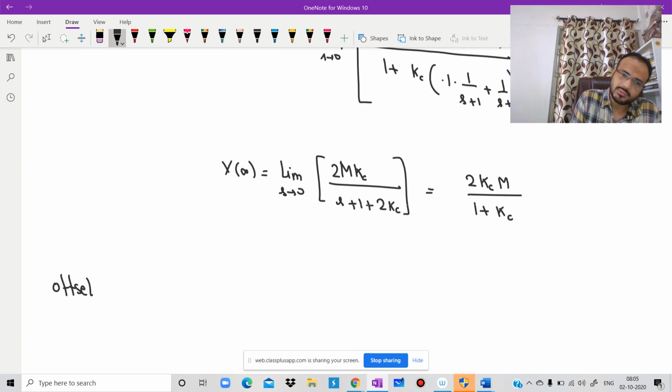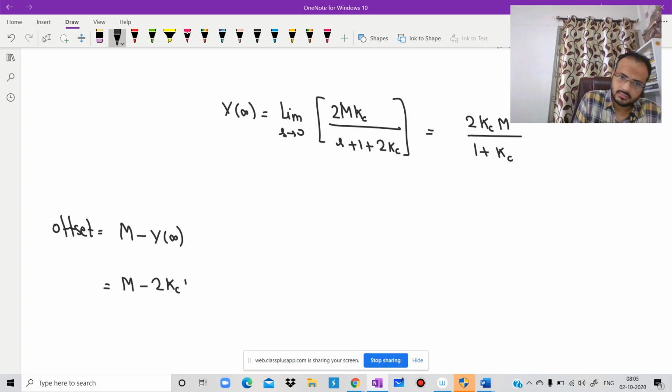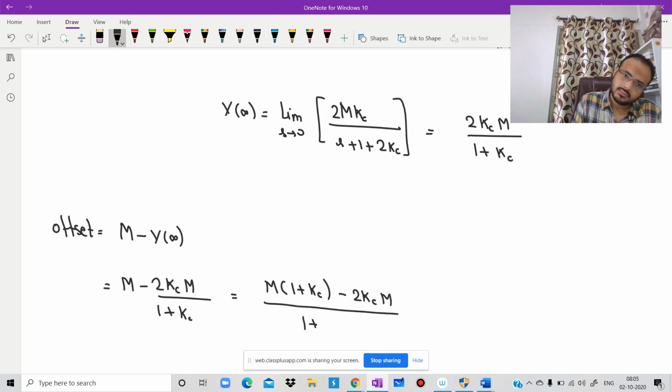Now you are able to calculate offset: m minus y infinite, m into 1 plus Kc minus 2 Kcm divided by 1 plus Kc, 2 Kc.